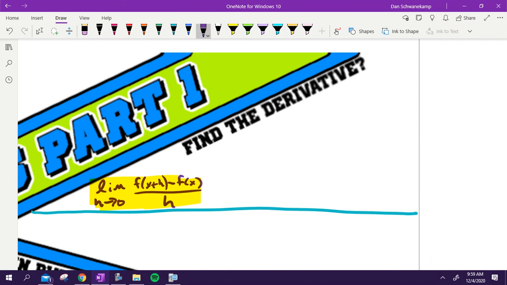dy over dx. dy over dx is the same thing as saying find the derivative. F prime of x means find the derivative. What about instantaneous rate of change?